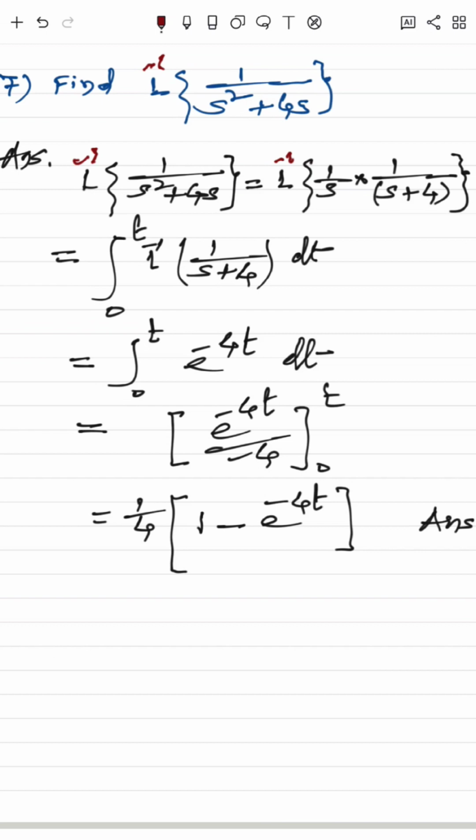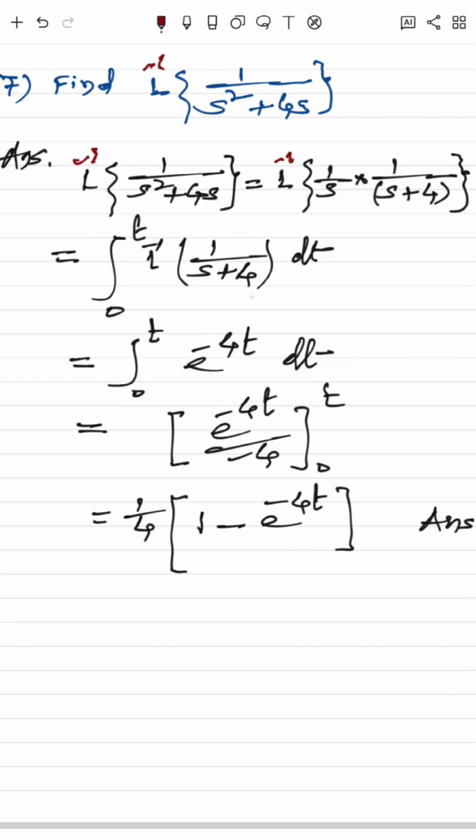By the property of inverse Laplace transform, it is nothing but integration from 0 to t of inverse Laplace of 1 upon s plus 4, with respect to t.